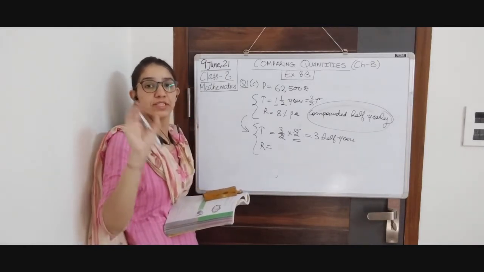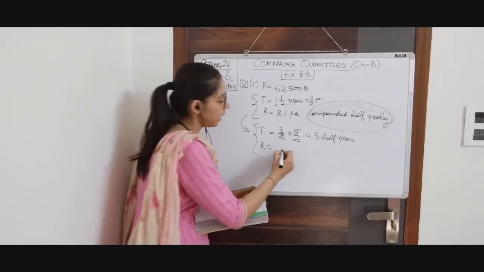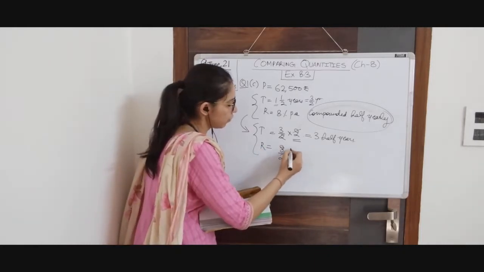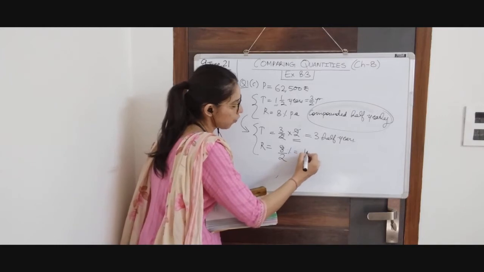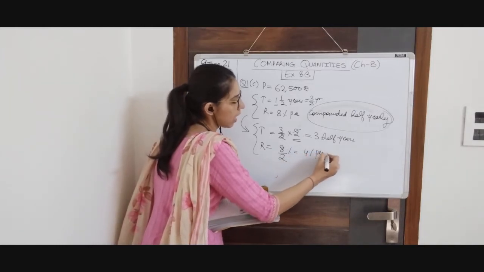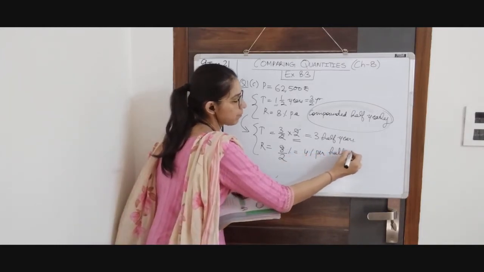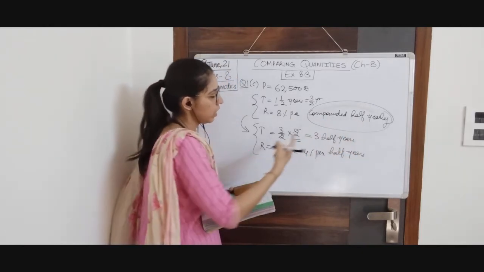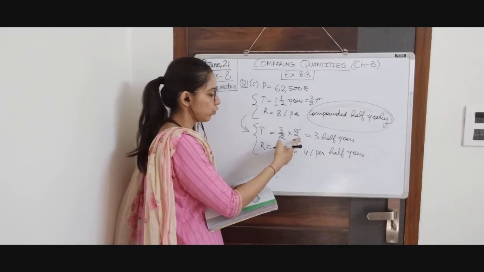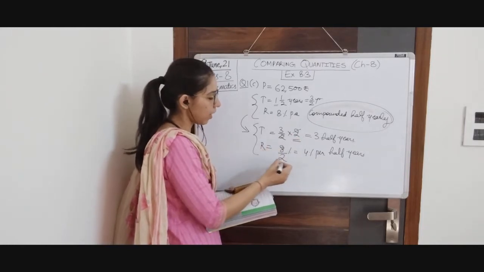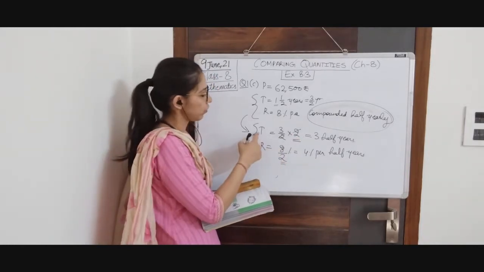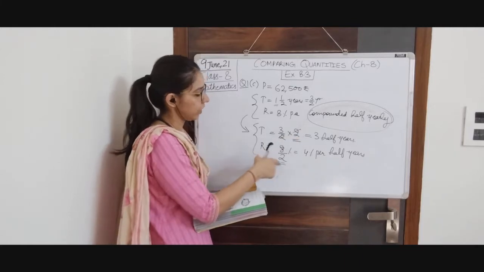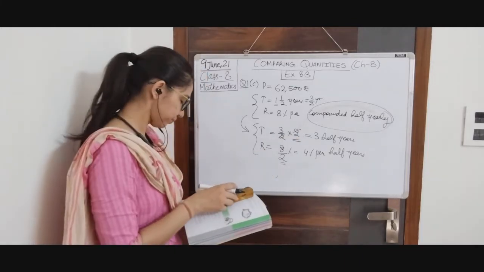For half year it will be half of that. It means we divide by 2, that is 4% per half year. Remember, if interest is compounded half yearly, you have to multiply T by 2 and divide R by 2. In time we multiply, in rate we divide.